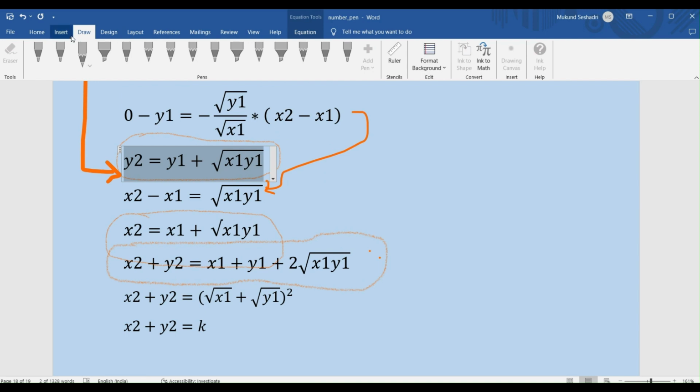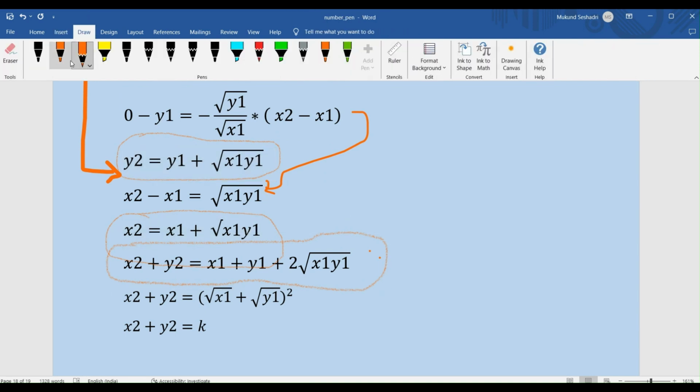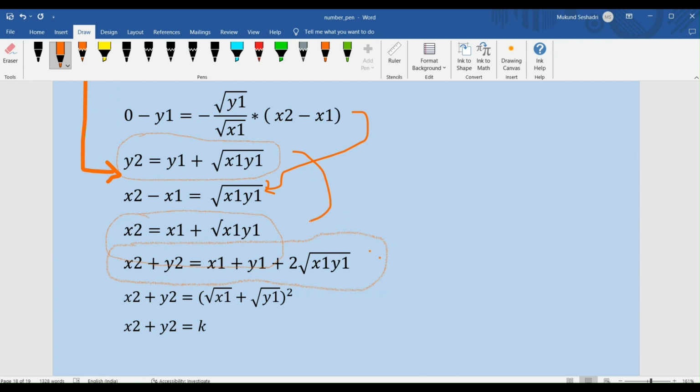So basically what we are doing is we have summed up these two equations to arrive at x2 plus y2.